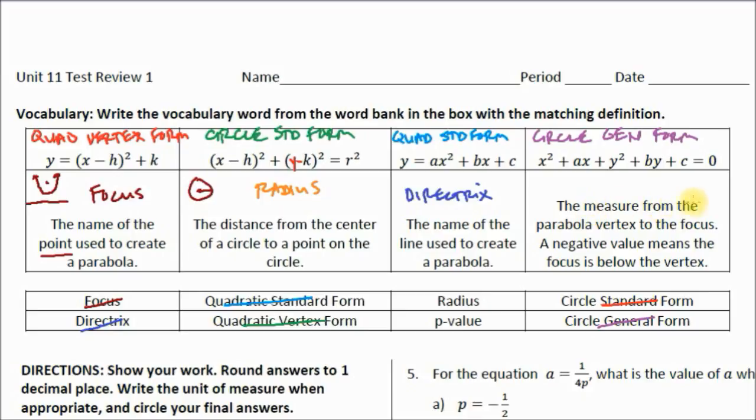The measure from the parabola vertex to the focus. Looking at our diagram again, we learned the distance between the focus and the vertex is called the p-value. We had already used radius, and we used p-value. So there we go. Vocabulary is done.